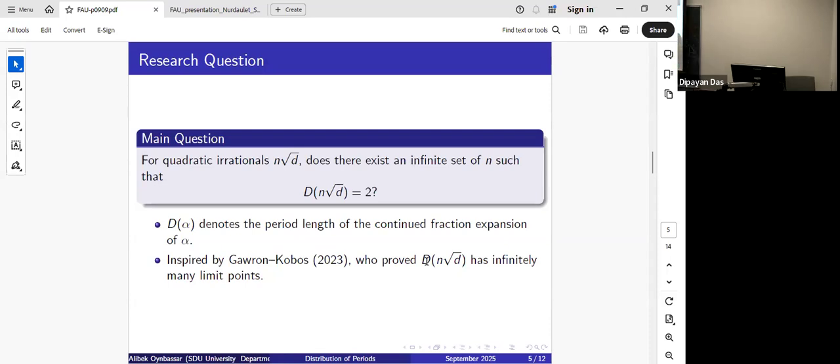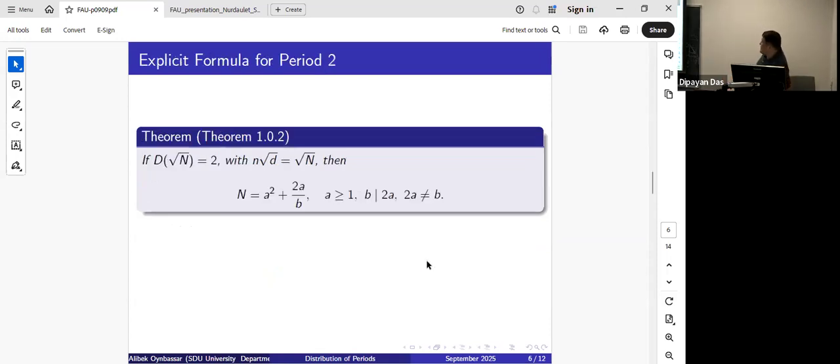Gauran and Cabos proved that there are infinitely many limit points, and our question was what kind of sets we really have when the period is 2.